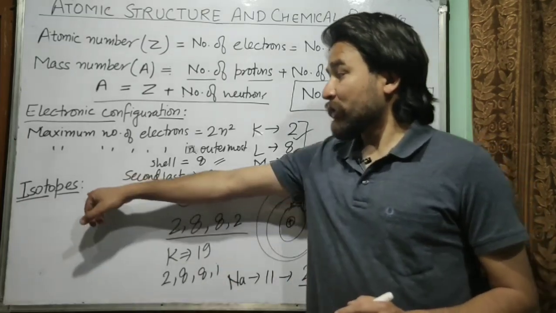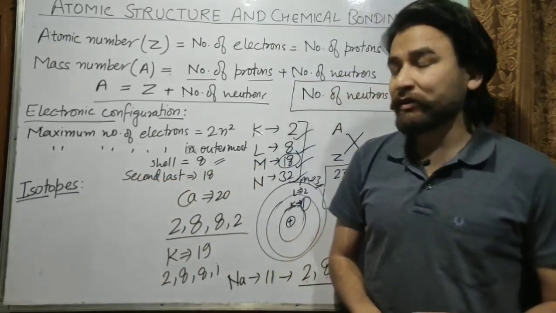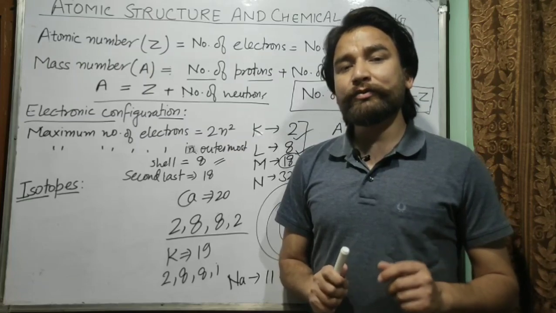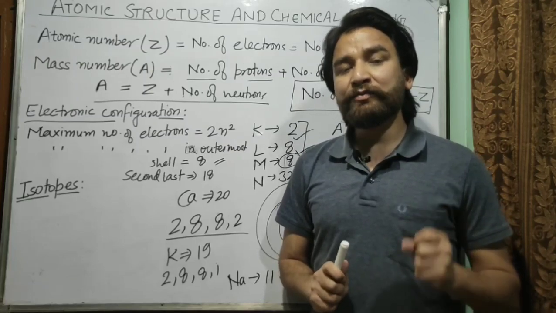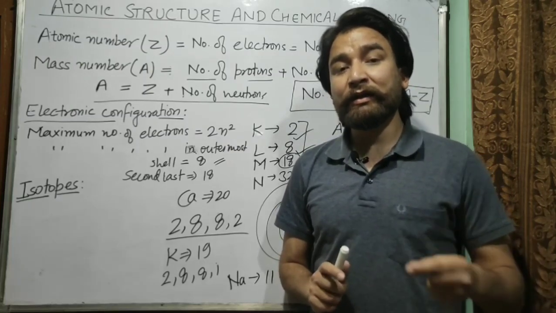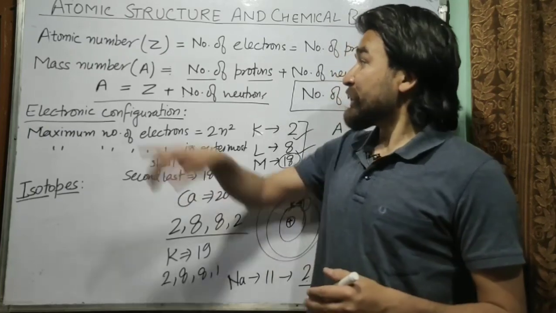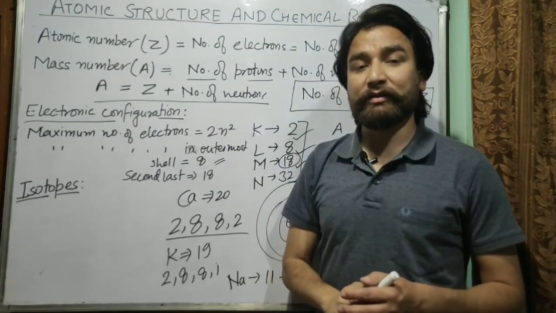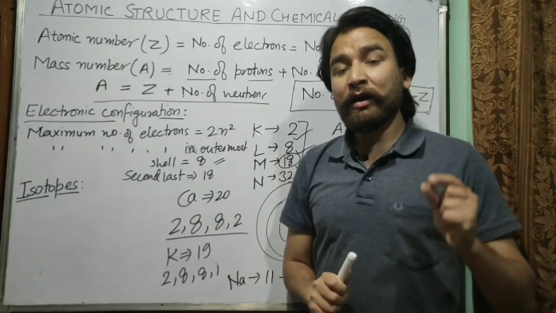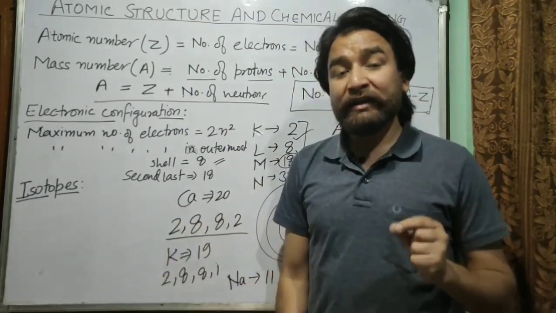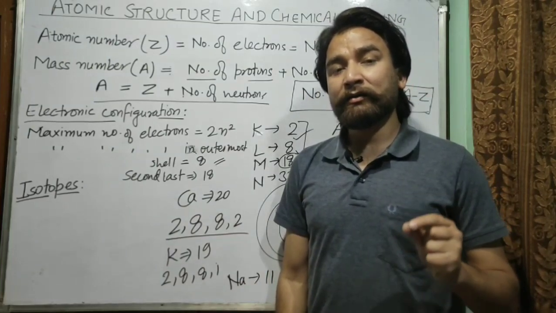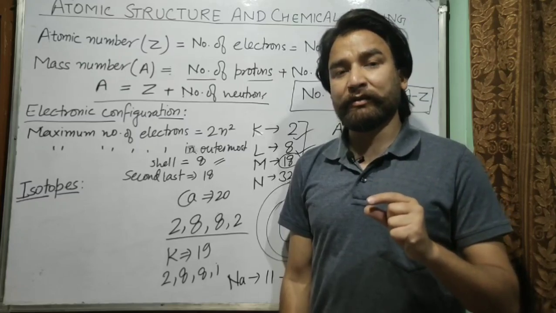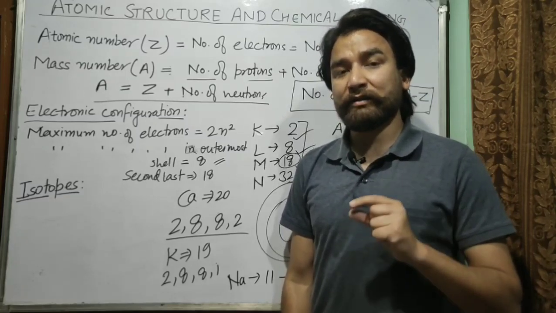The last topic that we are going to discuss is isotopes. Isotopes are the atoms of the same element which have the same atomic number but different mass numbers. Remember, the isotopes of any element are the atoms having the same atomic number but different mass numbers.